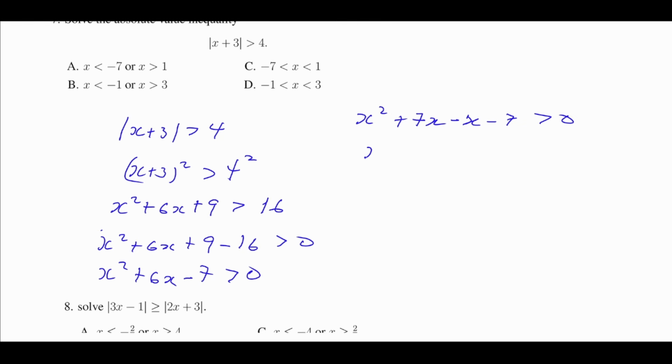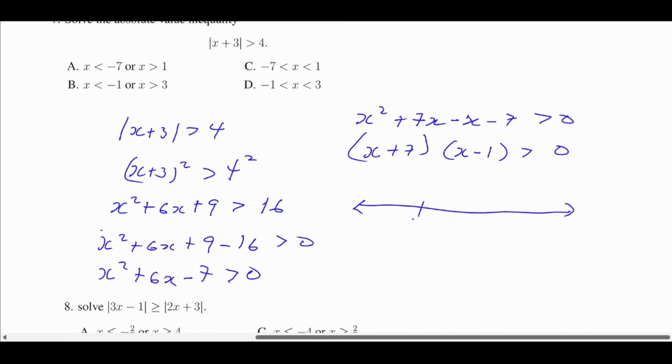And then when I factor, I have x plus 7 and x minus 1, and this should be greater than 0. So we are going to test values which are appropriate for this one, using our number line. The critical values of x will be -7 and 1. Now I take any value here and put it in the function.